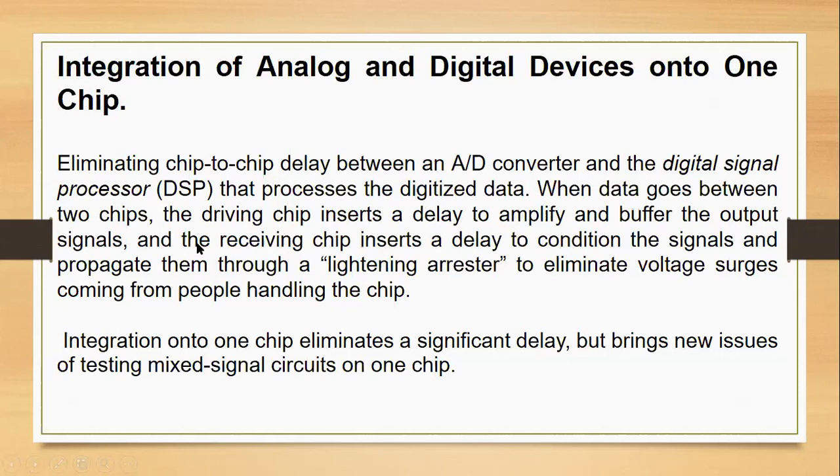The inserted delay is required to amplify the buffer of the output signal. The receiving chip inserts a delay to the conditioned signals and propagates them to the listening asserter.